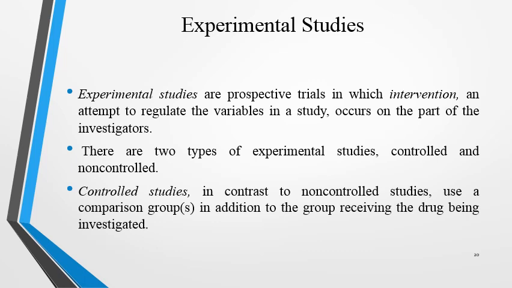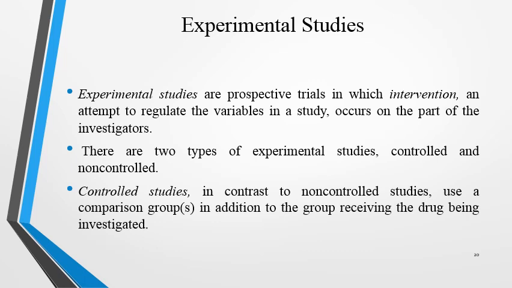The experimental studies are further divided into two types, called controlled and non-controlled experimental studies. In the controlled experimental studies, we might have two different groups. To one group we give the drug at certain parameters, and to the other group we give the drug without controlling the parameters.